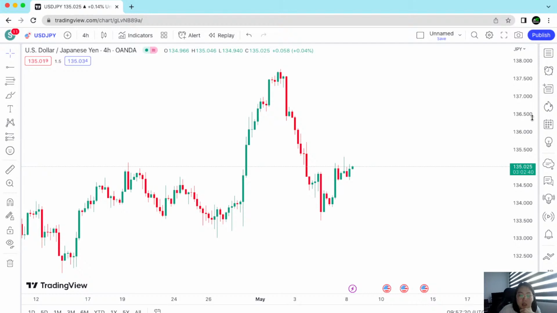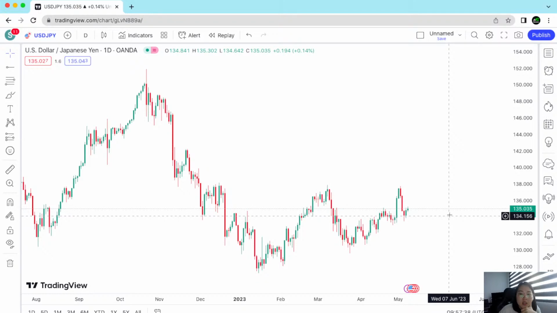Okay, one thing I noticed with USD JPY is that it is on an uptrend. It looks like a very clear uptrend to me.